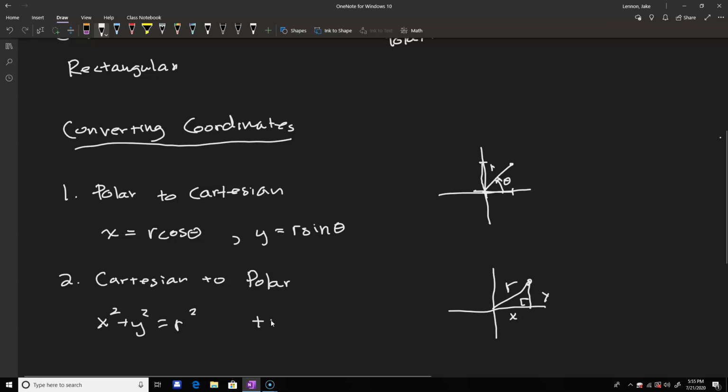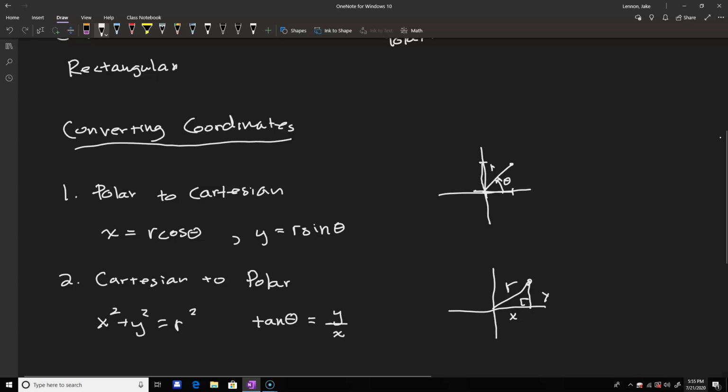So what we're going to write down is that the tangent of theta is equal to y over x. When you're actually doing conversions, if you know x and y, you're going to know which quadrant your point is in, and that's going to allow you to figure out what theta is. So it may give you the correct value of theta, or you may have to add pi to that value depending on which quadrant you're in.